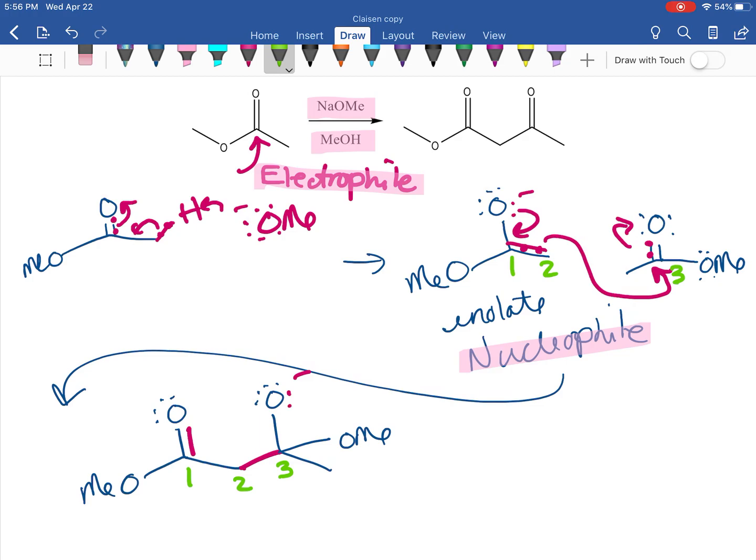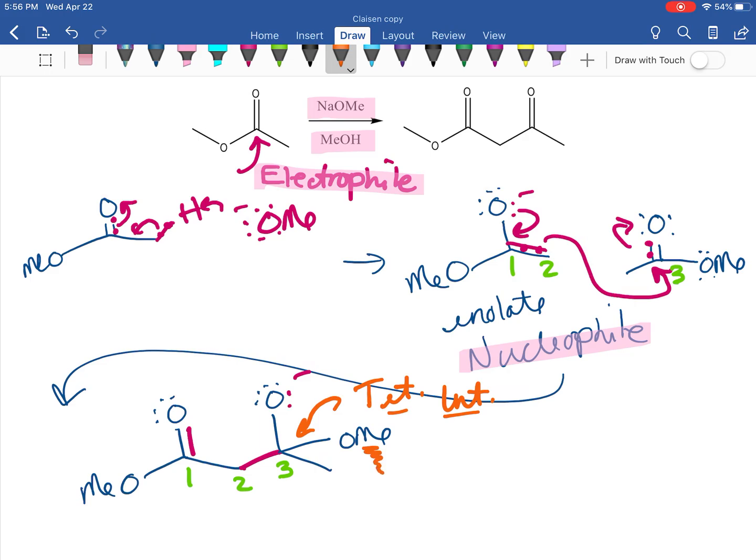Hold on a second. Let's make 2 major connections with Unit 2 and Unit 3. First of all, look at our spacing of our oxygens. This is the ester version of an aldol. There's your 1, 2, 3. All right, second, let's look at what we have right here. And that is a tetrahedral intermediate.